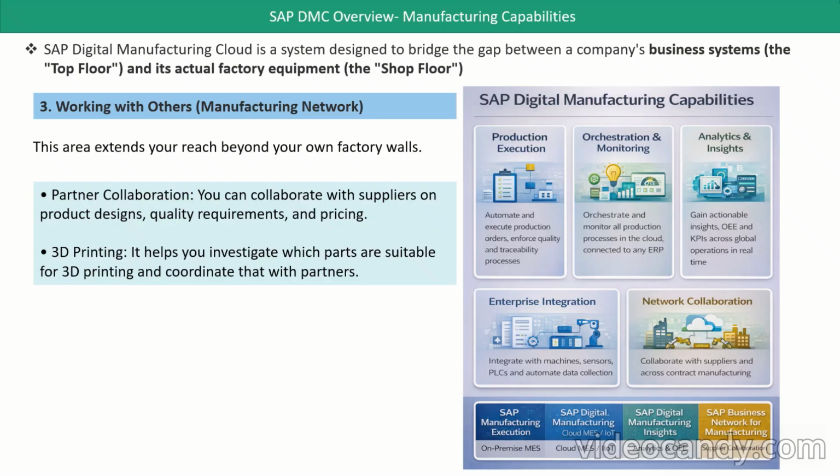Supplier and customer can collaborate for better quality, better design and better costing. This lets you communicate outside of your factory or plant with suppliers and customers to understand their requirements.